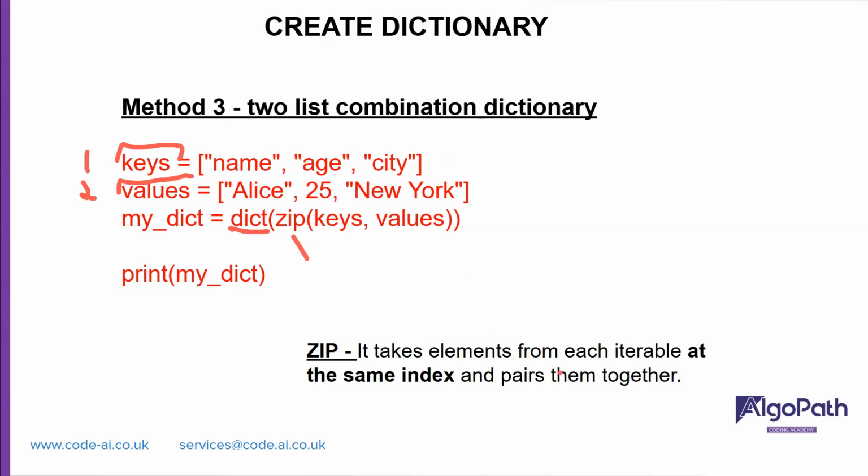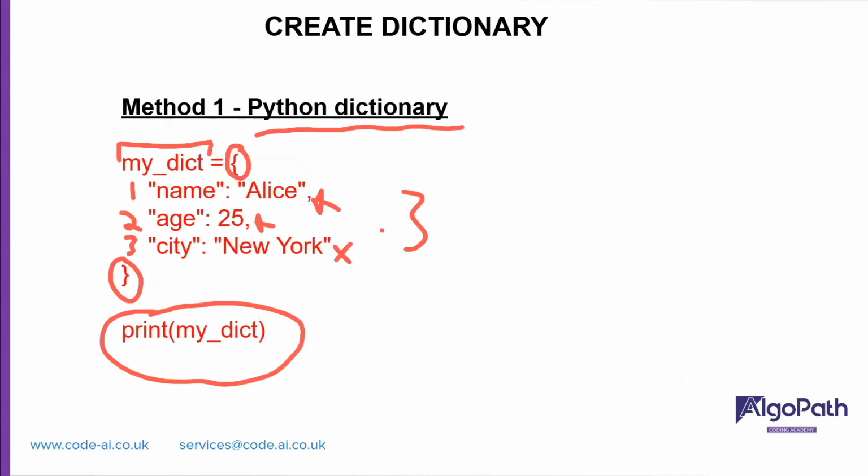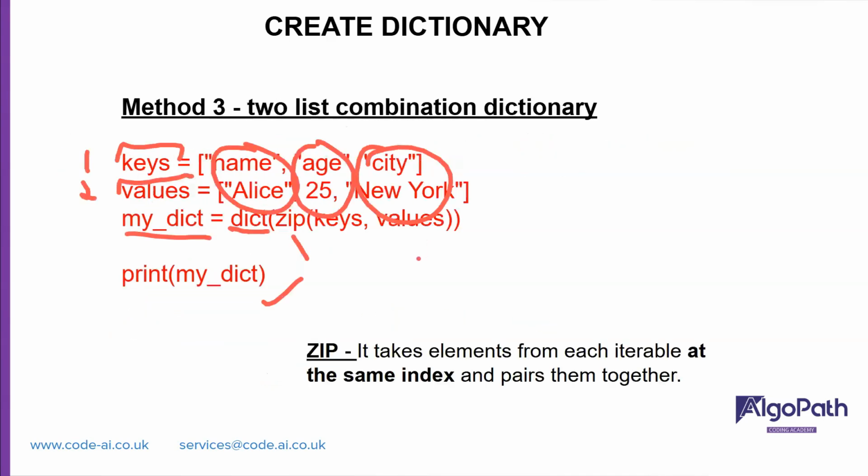It simply takes the elements from each iterable of the index and it pairs them together. So it just literally combines these two, these two, these two into a dictionary, which is going to be called my dict. So therefore, you can then print it out and see the dictionary again. So three ways to do it. To be honest, this one is pretty much the most common one, but the other ones are also available for you.